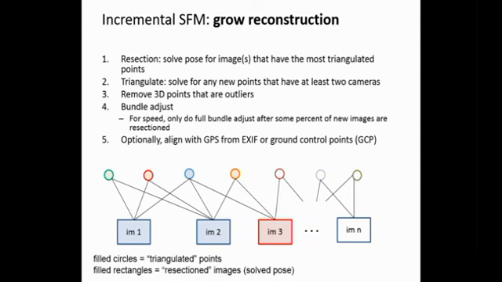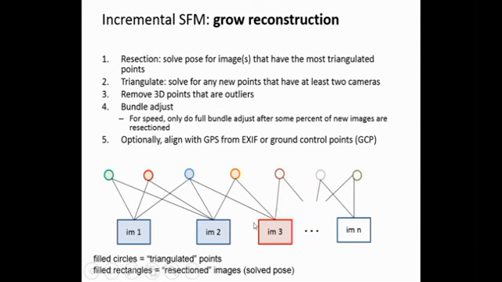Typically you would add cameras in order of how many triangulated points they see. So in this case, image number 3 sees some points that have been already solved for by image number 1 and 2, so this set of points here. And so now based on these points, I can solve for the pose of image 3.